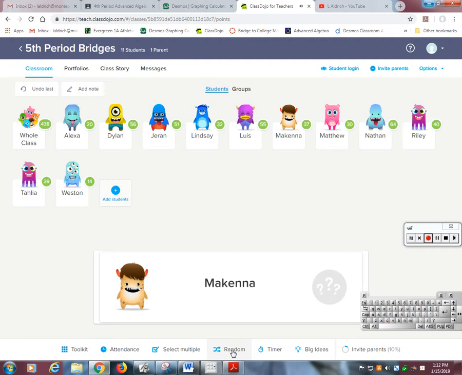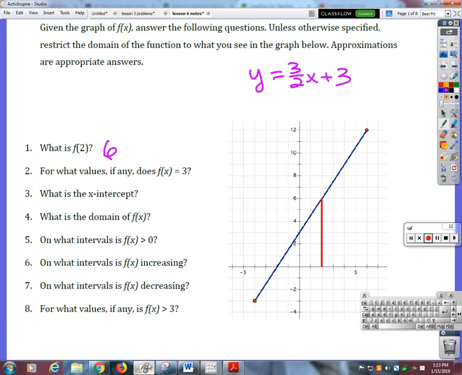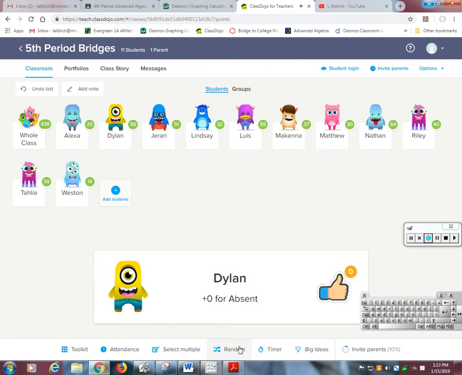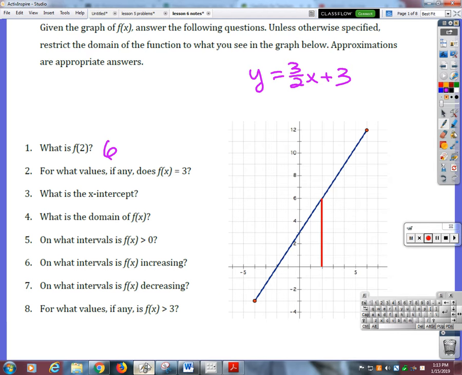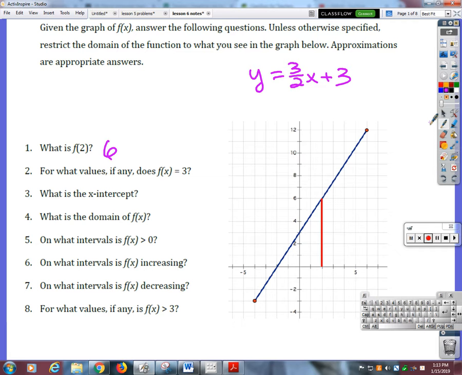Okay? All right, the next question is asking the opposite. It's saying if the graph equals 3, what is x? Matthew? If the y value is 3, what's the x value?